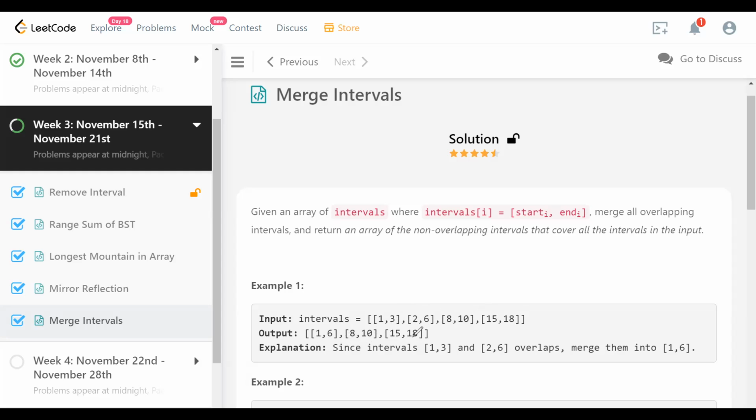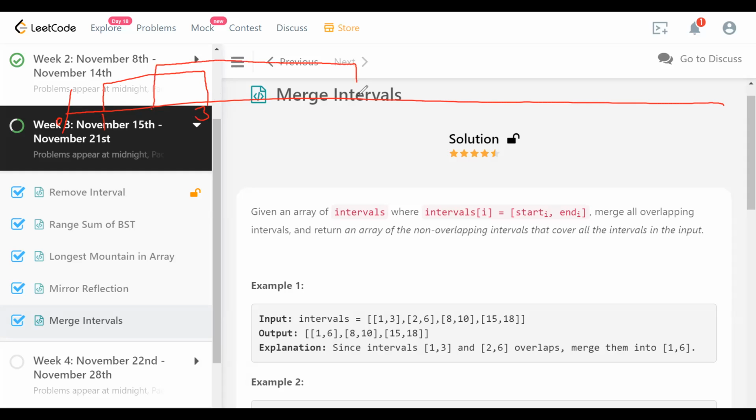So let me take another example which has some more intervals, and then maybe we can come up with an approach. I'm going to use a timeline here. Maybe the timeline starts with 0, and the first interval could be again 1 to 3. The second interval could be 2 to 6.